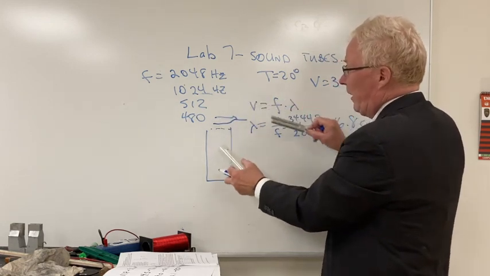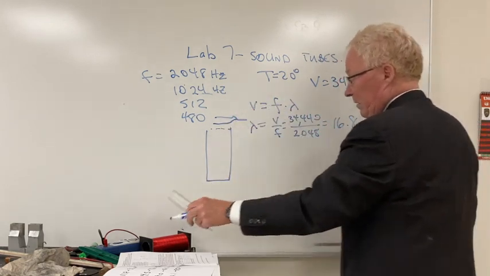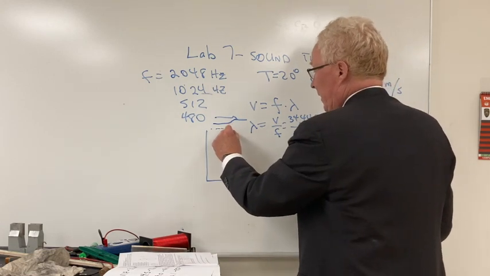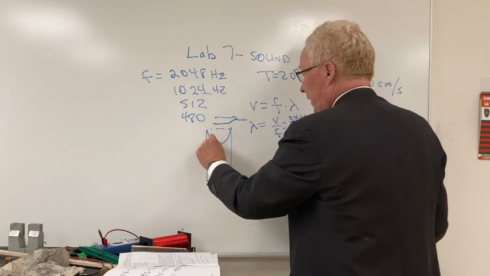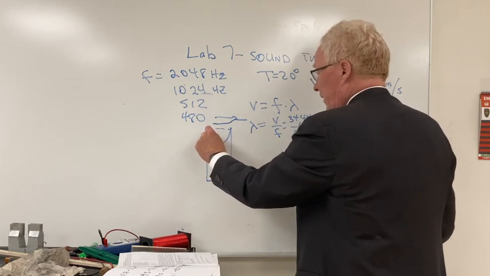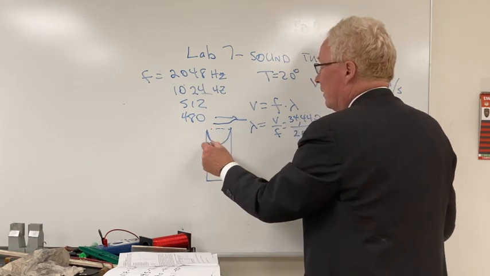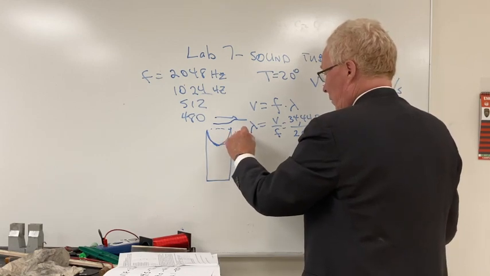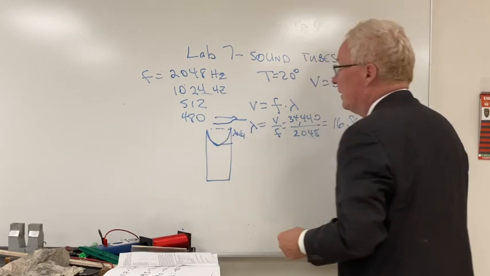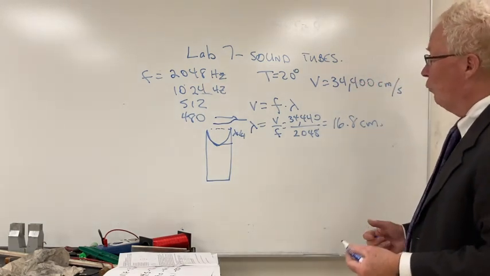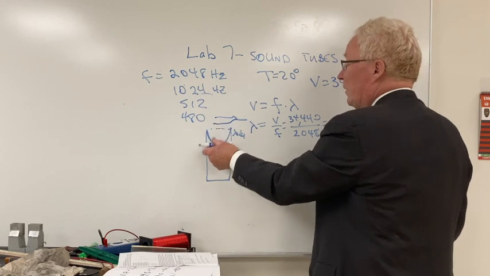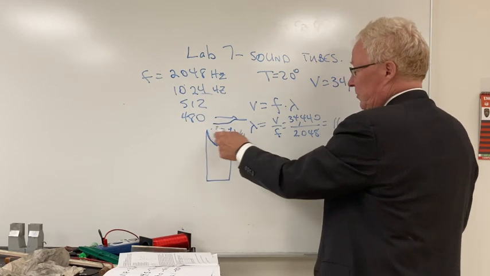If we have the right length here, all right, then if we have a quarter of a wavelength, this is lambda over 4. We'll see that, if you read, that's a resonance. We're going to do that, but we want the difference between two resonances because there's a correction there.